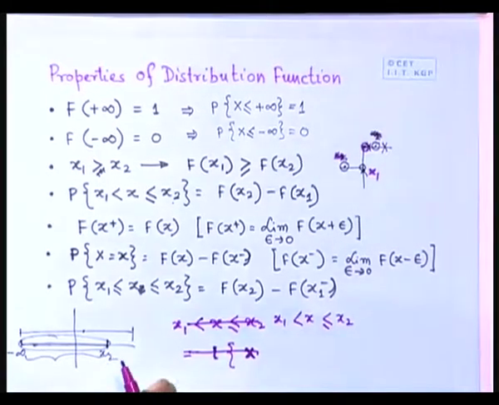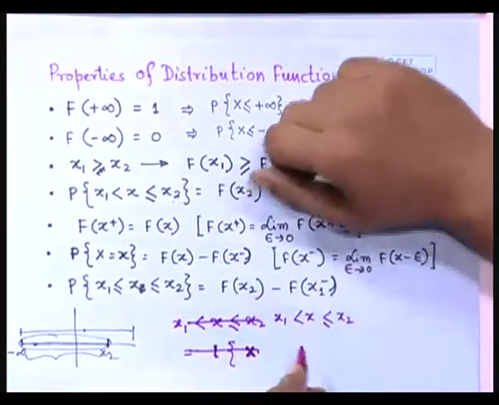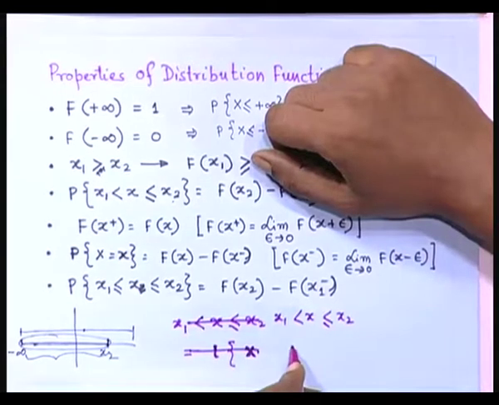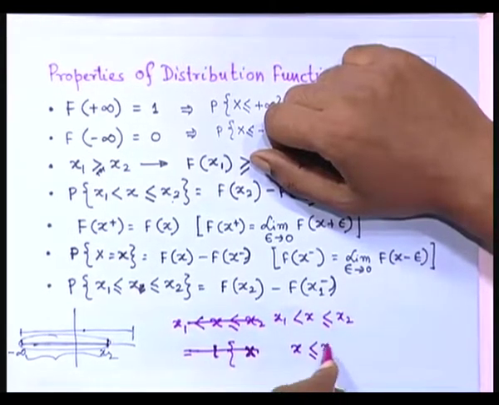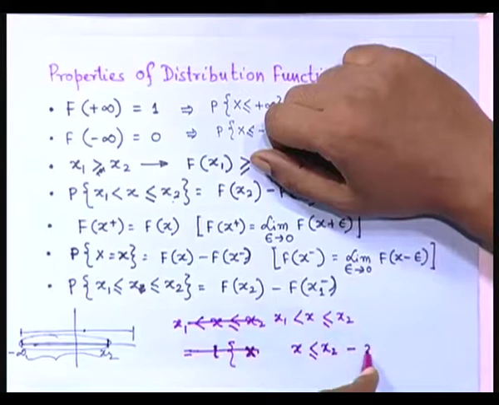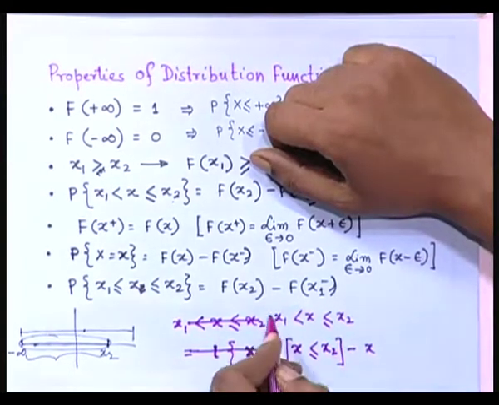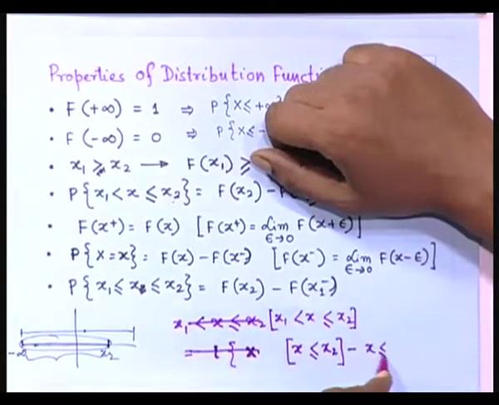This can be written as the interval x less than or equal to x2 minus the interval corresponding to x less than or equal to x1.